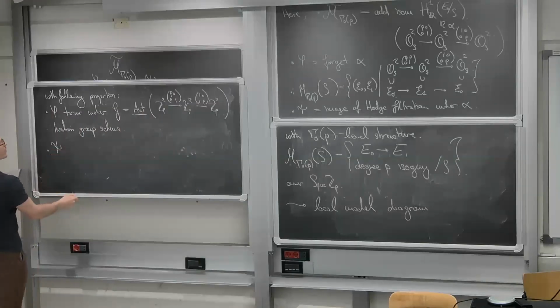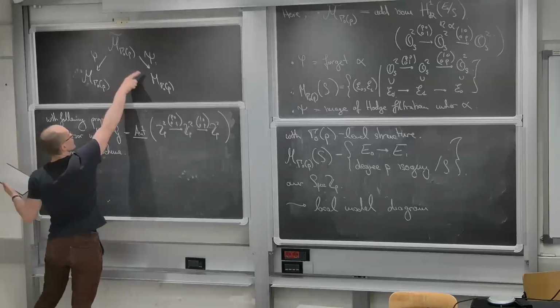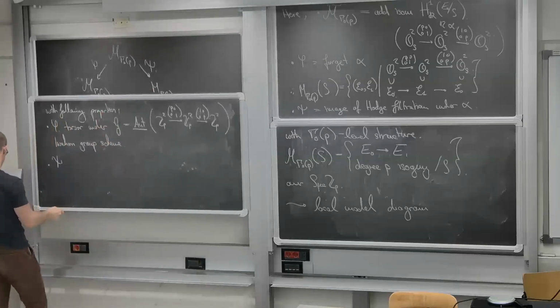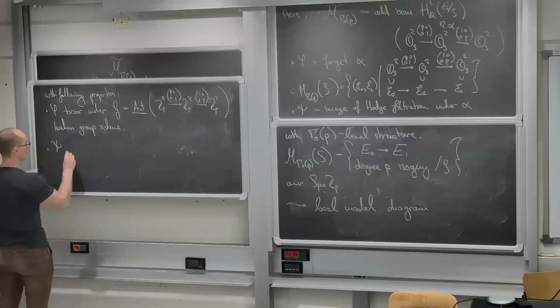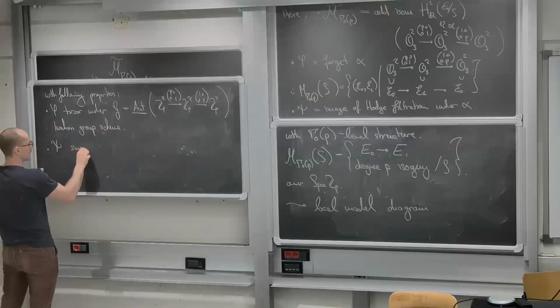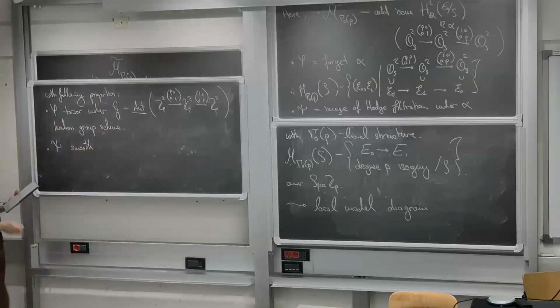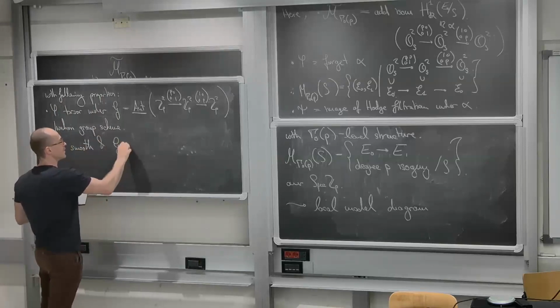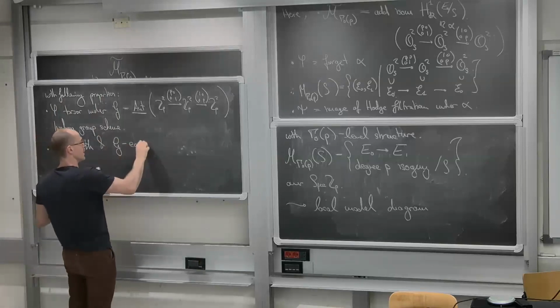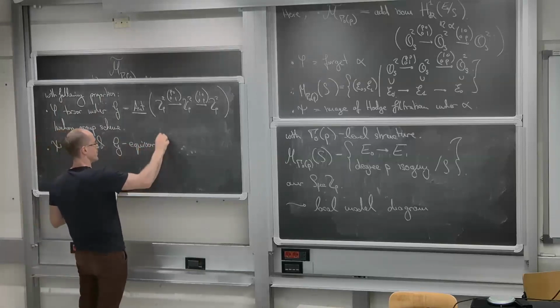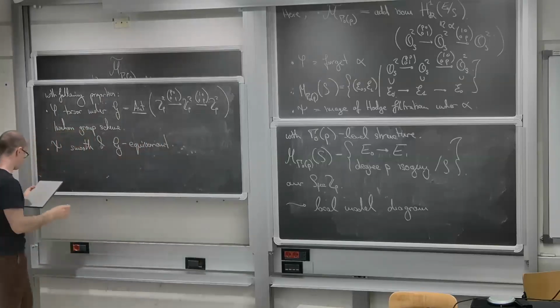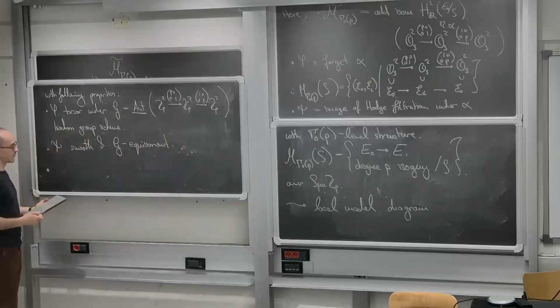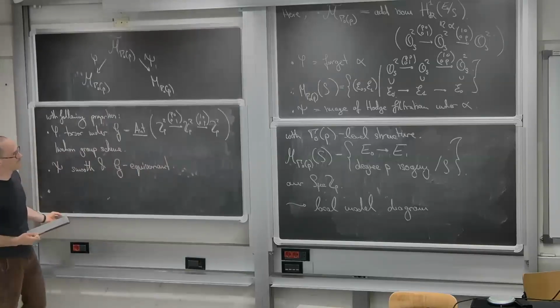This map psi, which takes the image of the Hodge filtration, is smooth and equivariant under this curly G. And last but not least, this is somehow the dream case.